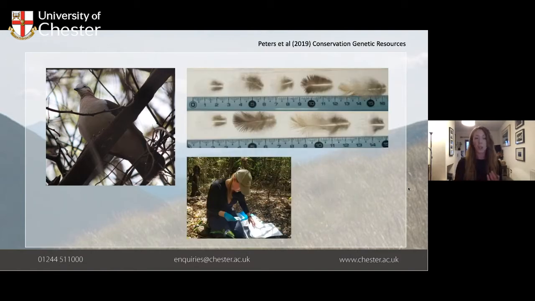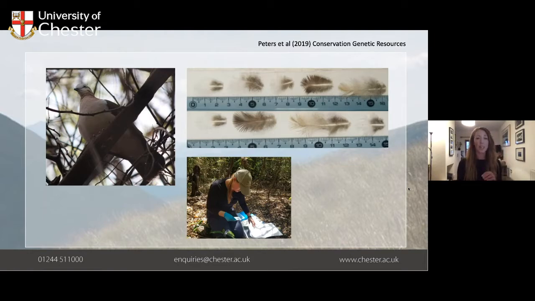We can't disturb the nests. It's heavily protected. So what my PhD student, Kate Peters, who's also a technician within the Department of Biological Sciences, has been doing is collecting these tiny chest feathers from the Granada Dove that have been molted and dropped on the floor.